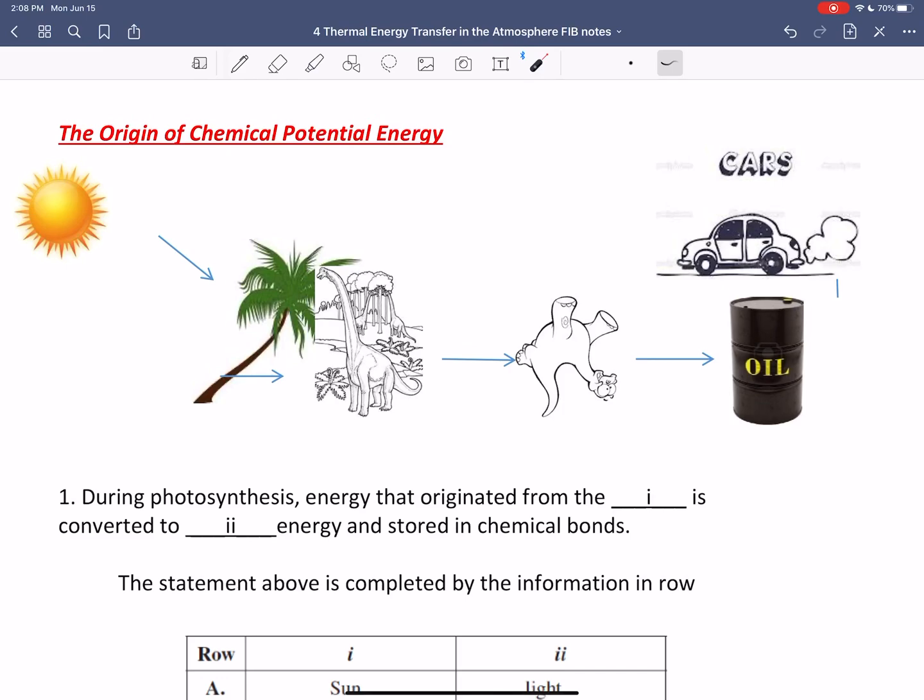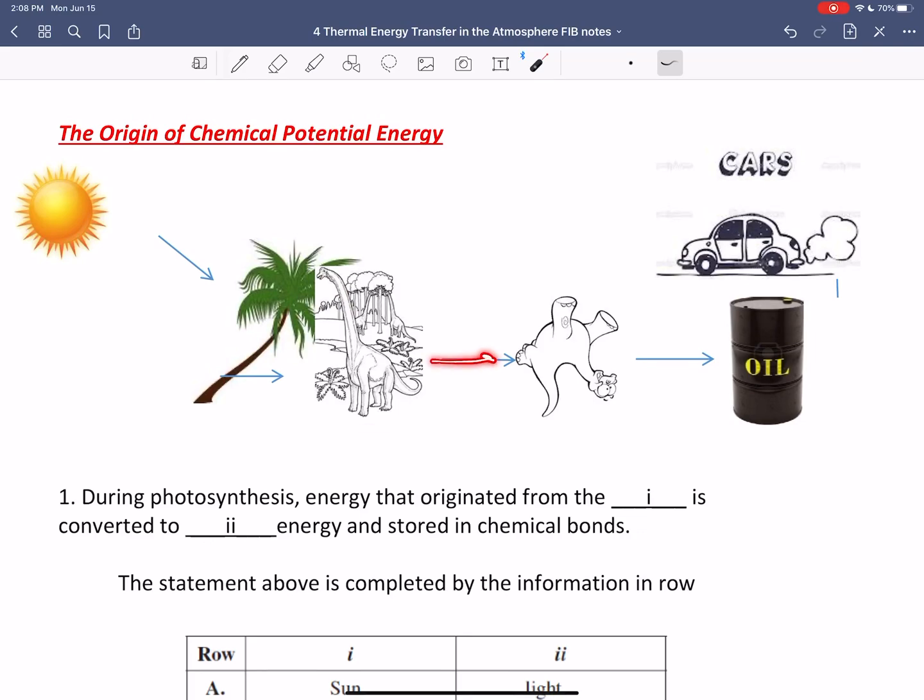Okay? And we looked at this property just now by explaining the origins of chemical potential energy. So where does this whole energy start from? We know that the source of any energy is always the sun. The sun's energy is transferred to plants, which perform photosynthesis, and then the plants are eaten by animals.